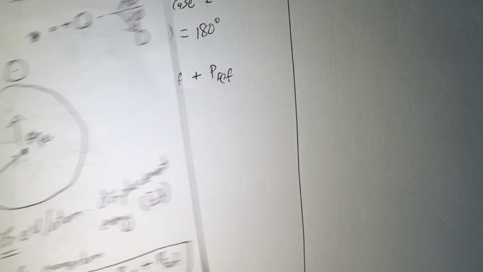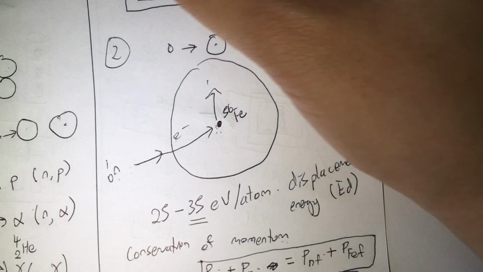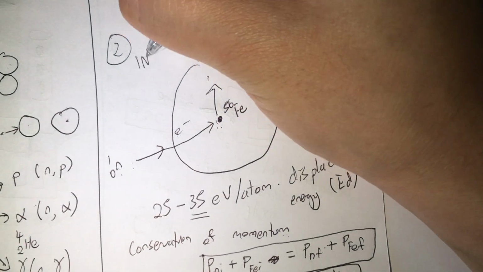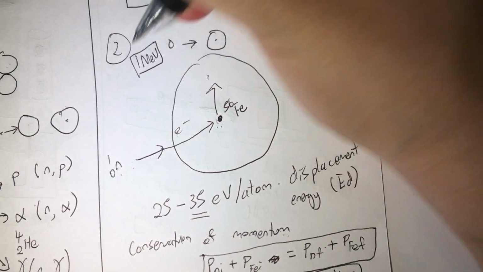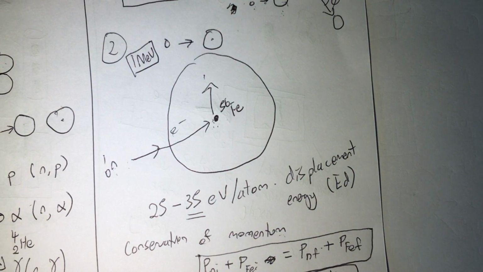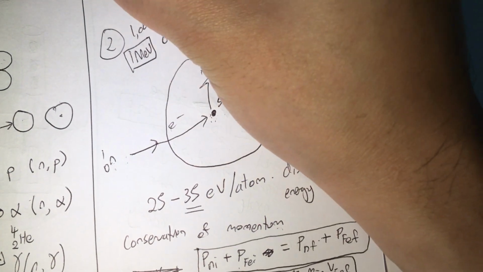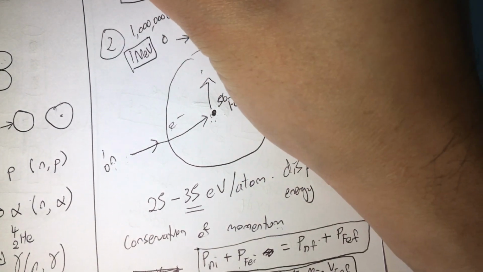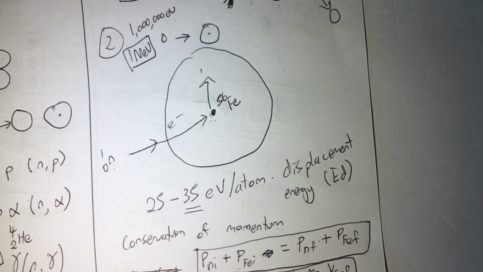The neutron is coming in at such high kinetic energy, usually about 1 MeV for a nuclear fission reaction. That's 1 million electron volts. The typical temperature in a nuclear reactor doesn't even exceed 100 electron volts of energy.